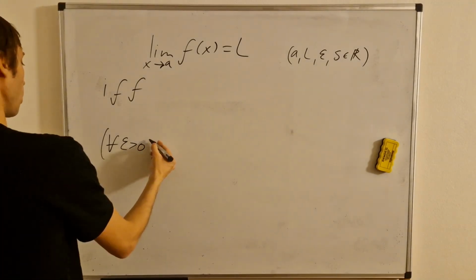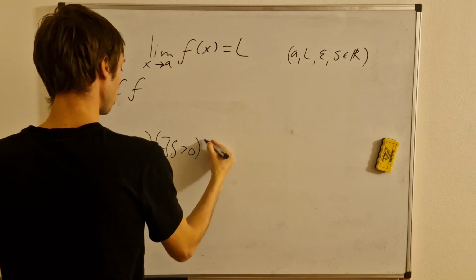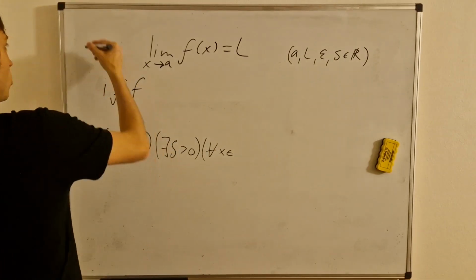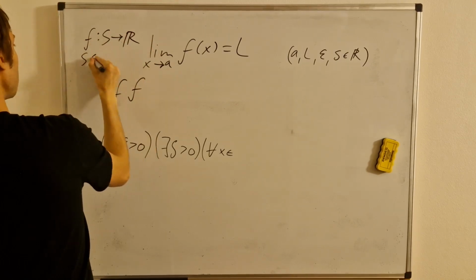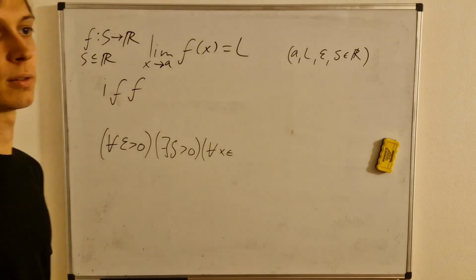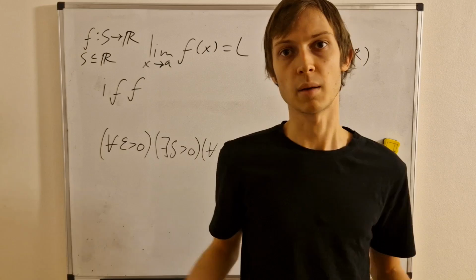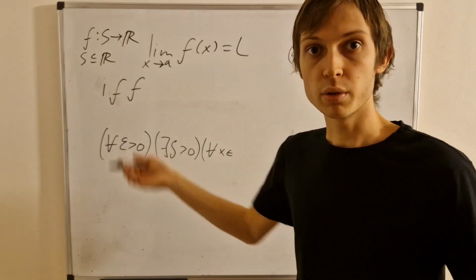So for any epsilon higher than 0, there exists a delta higher than 0 for every x. Now it depends from where to where f is defined. Let's define it from S to the reals, where S is some subset of the reals. So perhaps the input values x for f of x are not all real numbers; some real numbers may not be allowed, or it could be all real numbers.